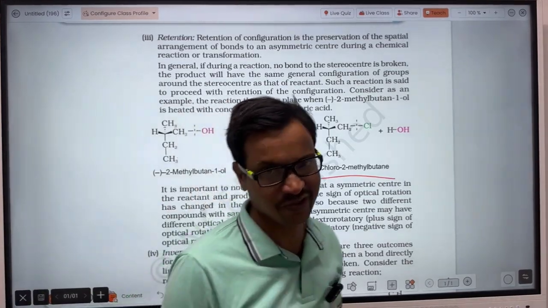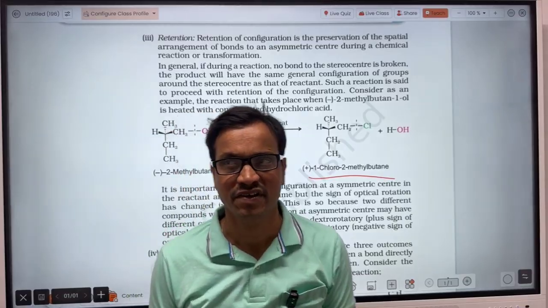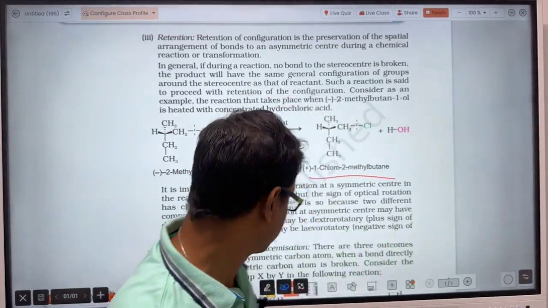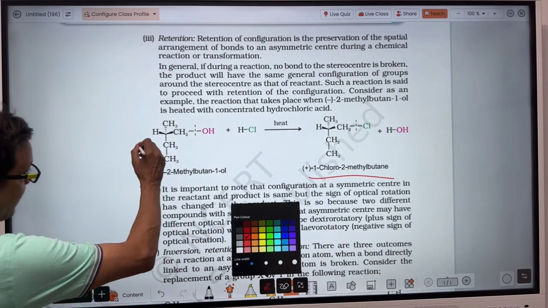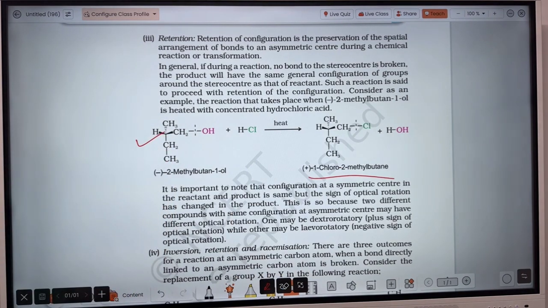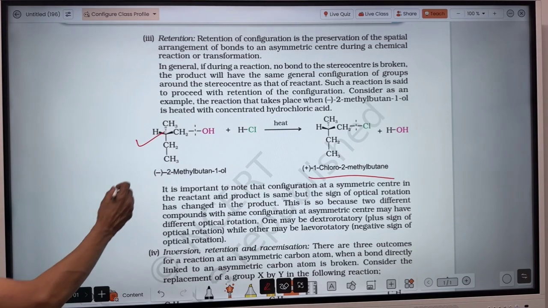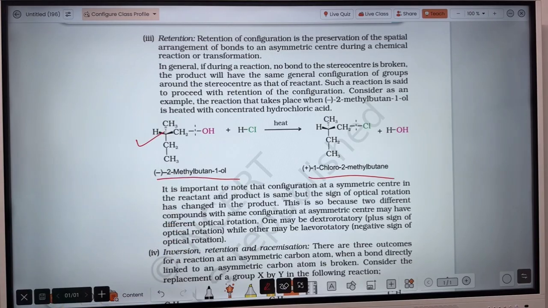This point, particularly for the students who are preparing for the NEET examination, keep in mind that in your NEET examination a question may ask whether this compound is dextrorotatory or levorotatory. So this information is very important for you. That means 2-methylbutan-1-ol is negative, that means levorotatory.